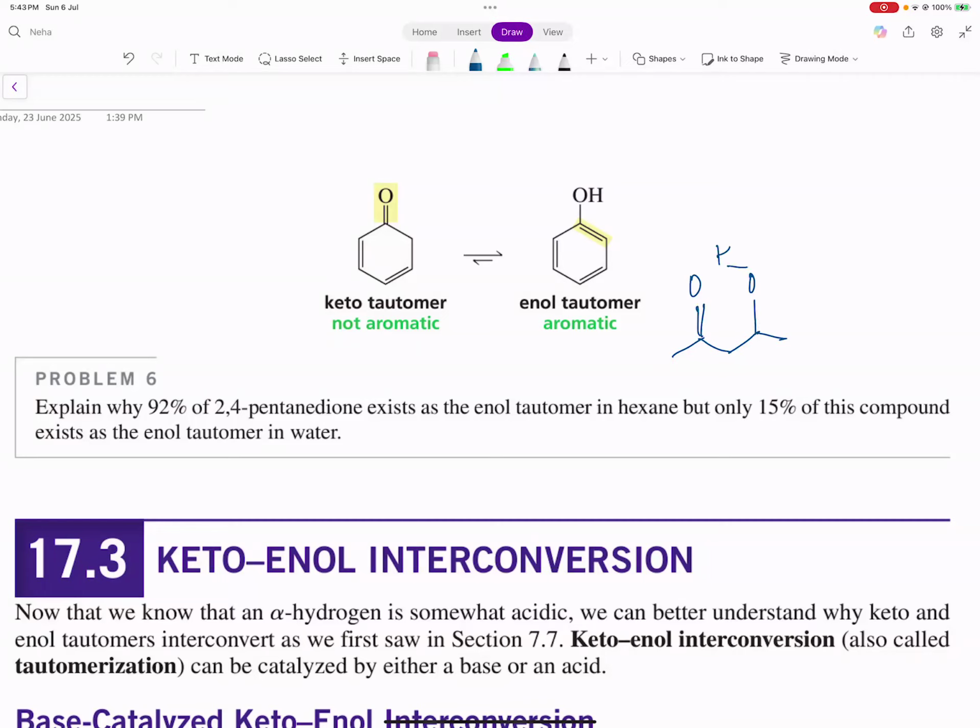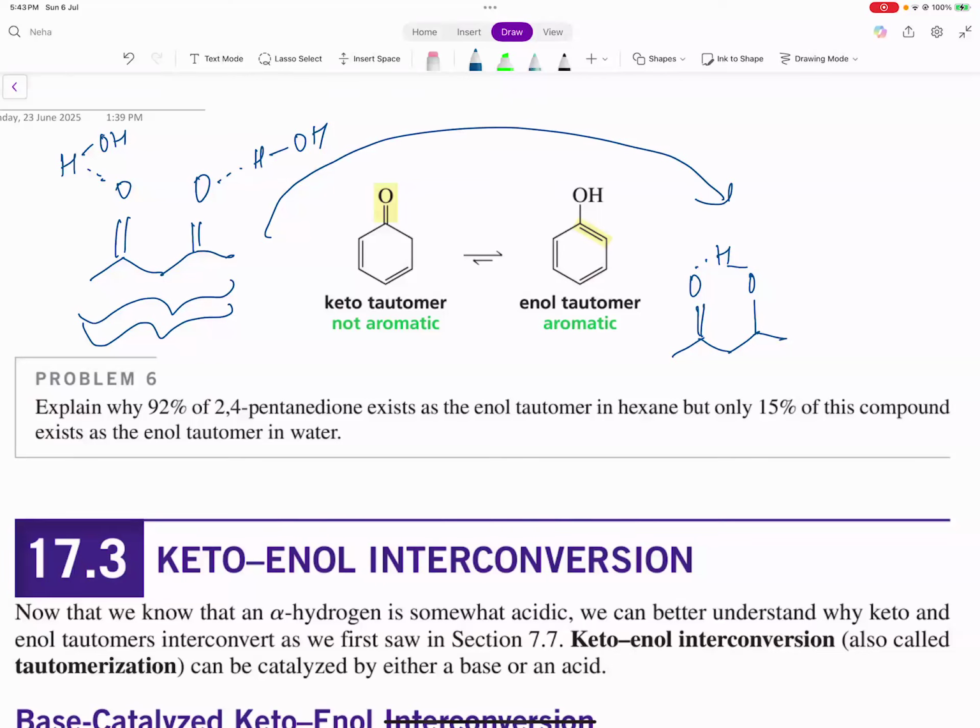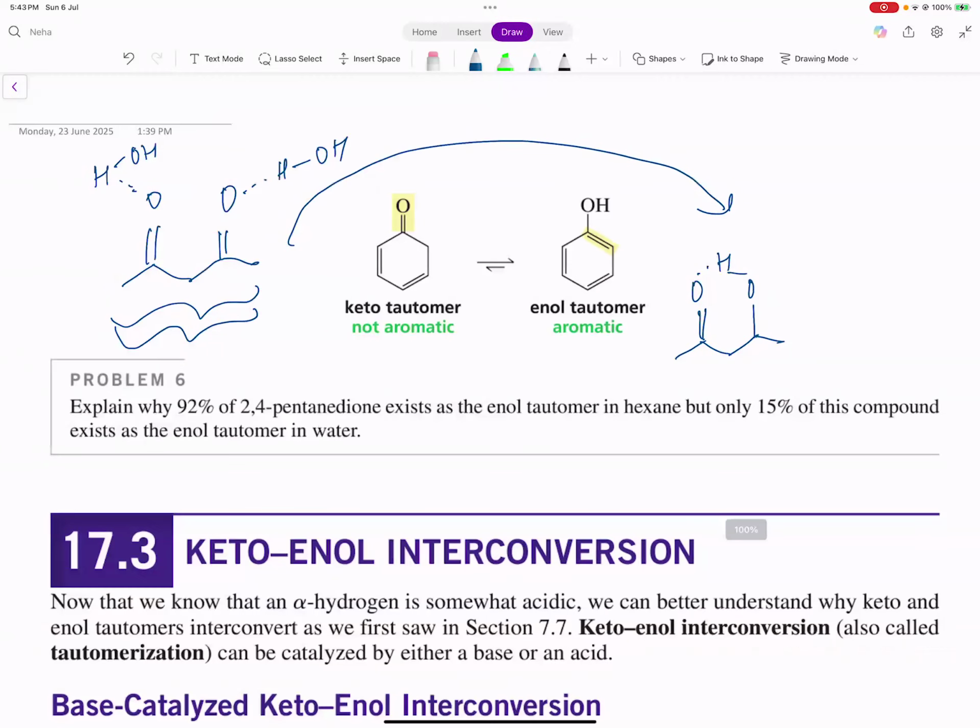Although this hydrogen bonding is there, the ketone portion can be stabilized by hydrogen bonding from the water. But in hexane, there is no stabilization like this for the keto form. So all of it would want to go here so that it becomes stabilized, right? So that is that.